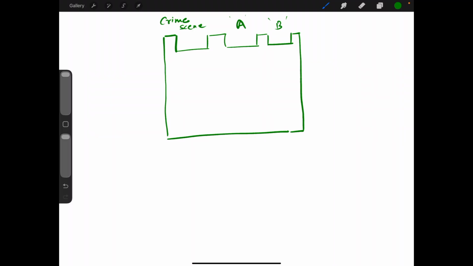So the DNA was recovered. This DNA was recovered from a hair strand found in the scene, where the incident took place.